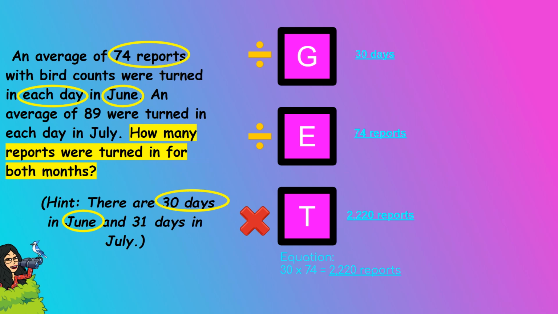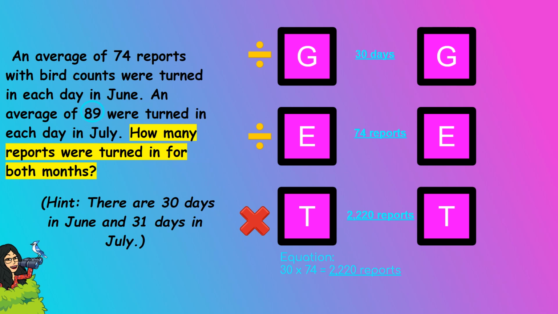I need to do the same thing for July. So here I'm going to use another GET, and I can see that there was an average of 89 reports in each day in July. I also know that there are 31 days in July. Now I'm going to put this information on my other GET strategy. 89 is my each.